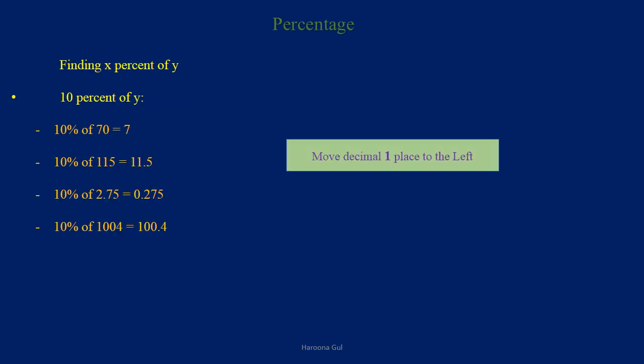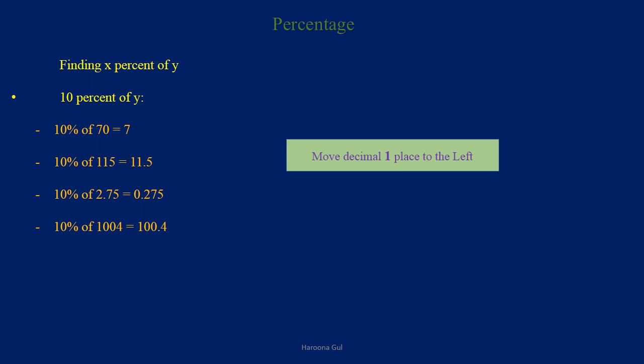Now let us see how easily we can write the percentage of any number without even using a calculator. For example, if you want to find out 10% of any number, we're going to move the decimal 1 place to the left, right?